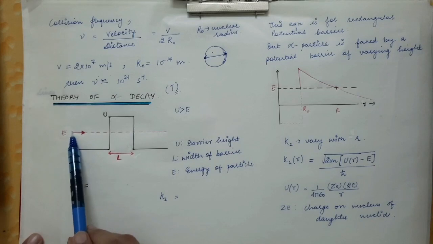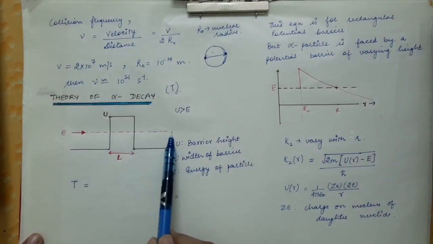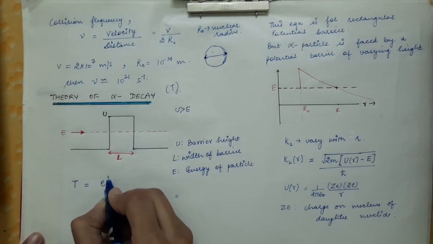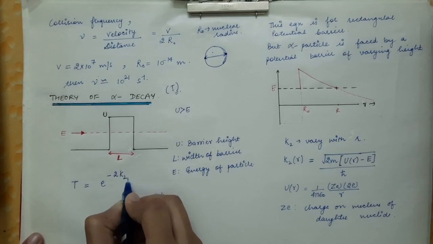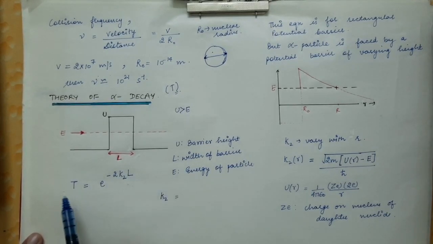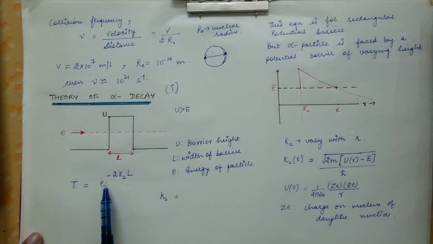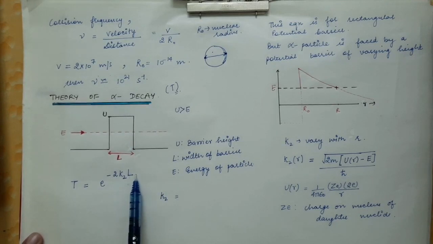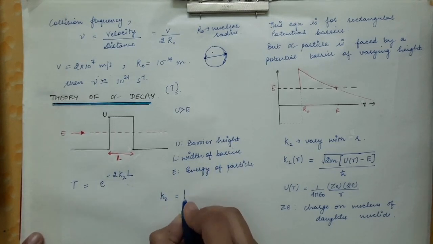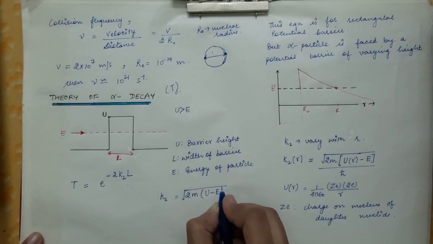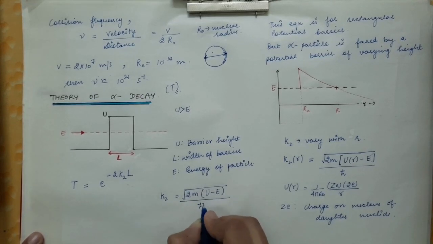The probability for this particle to get transmitted through this barrier, the transmission probability, is equal to e power minus 2k2 into L. This is the formula you derived in quantum mechanics for the rectangular potential barrier, where L is the width of the barrier and k2 is equal to the square root of 2m(U minus E) divided by h cut.